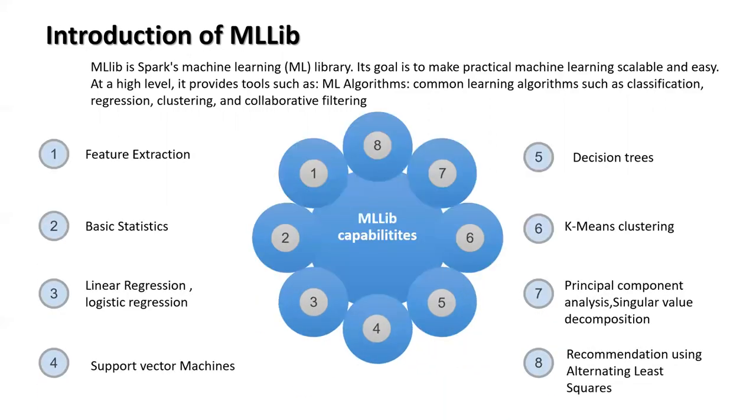These are some of the capabilities of MLlib: feature extraction, basic statistics, linear and logistic regression, support vector machines, decision trees, K-means clustering, PCA, SVD, and recommendation using alternating least squares.